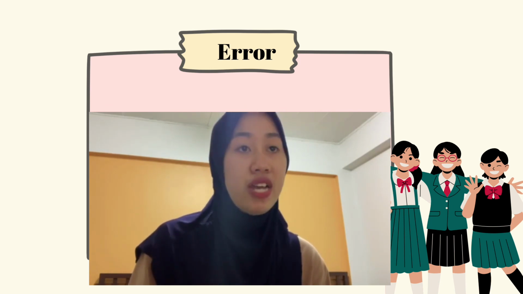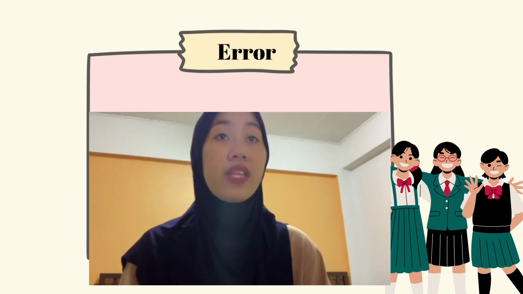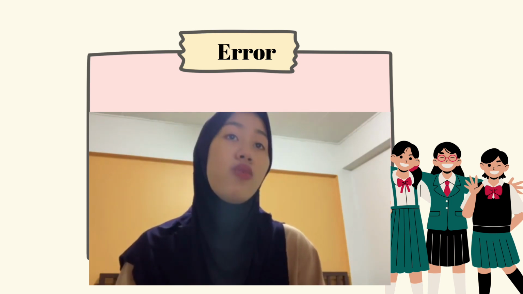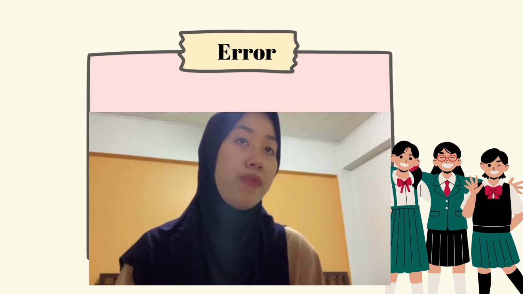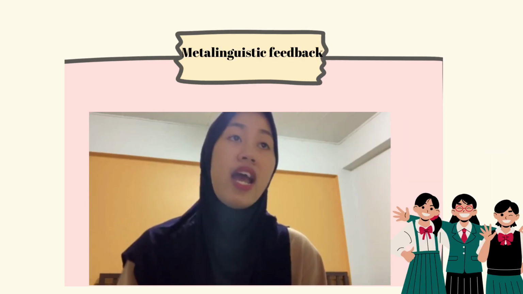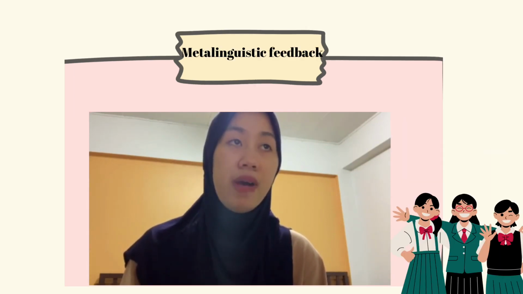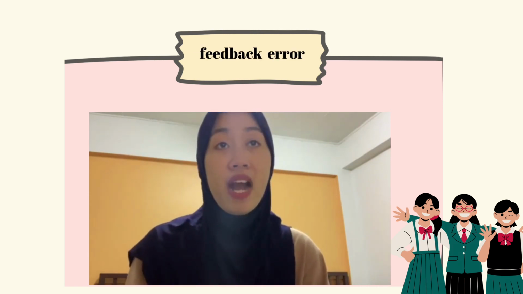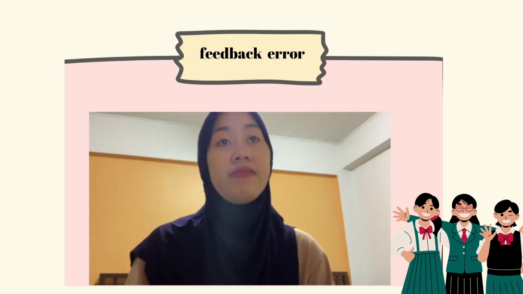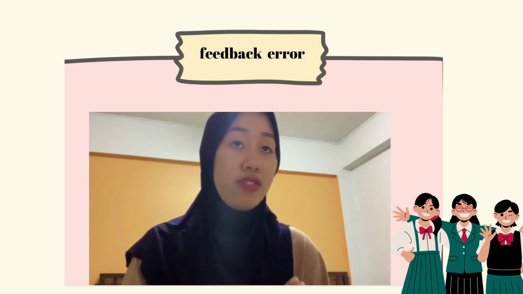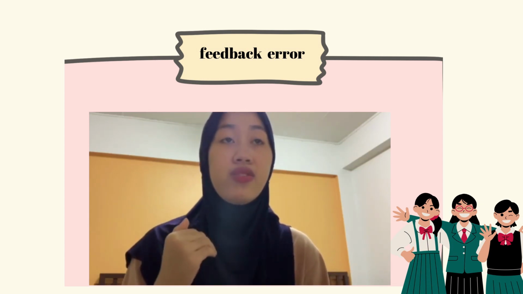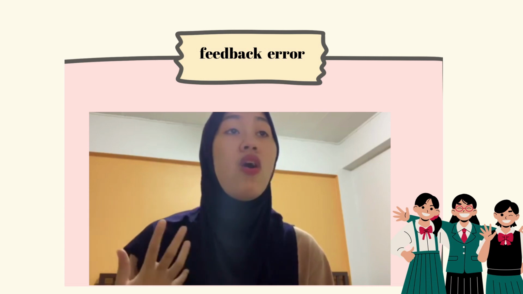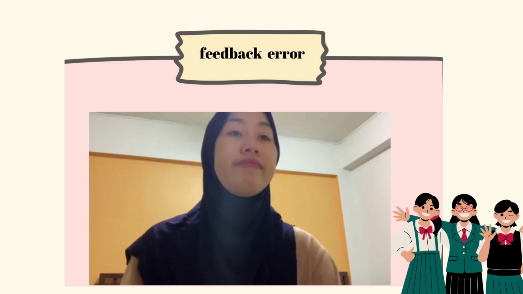And the teacher asked, are you sure? which is metalinguistic feedback, asking for reassurance about what the student is saying or meaning. The feedback error from the second student is in the word yesterday.